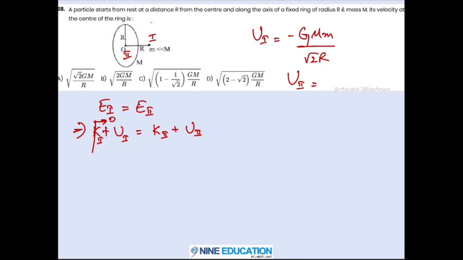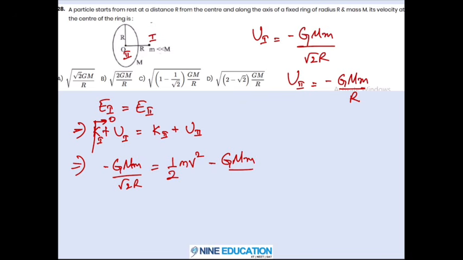Therefore, final potential energy becomes minus G capital M small m divided by r directly. So putting in all these values, you would get minus G capital M small m by root 2r equal to final kinetic energy, which is half mv square, plus final potential energy, minus G capital M small m by r.